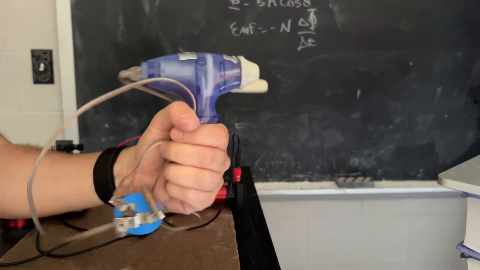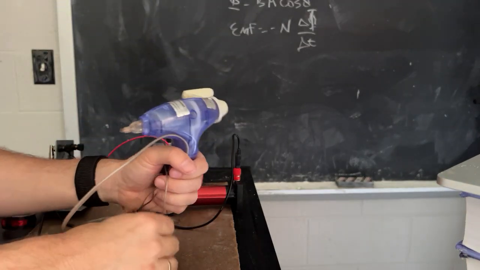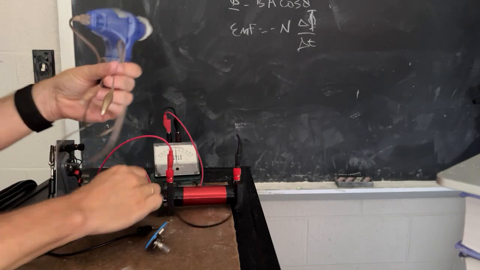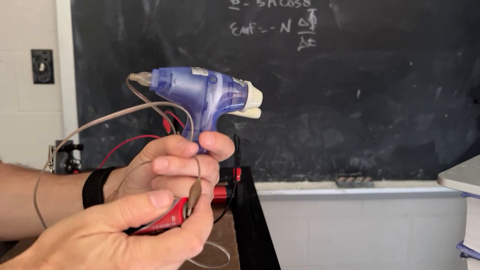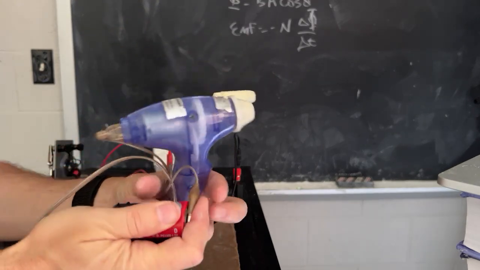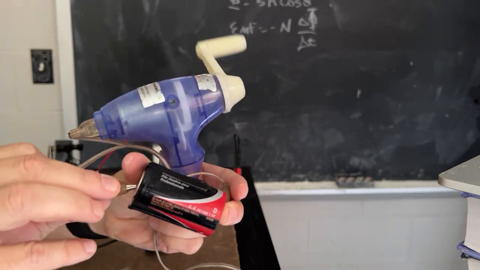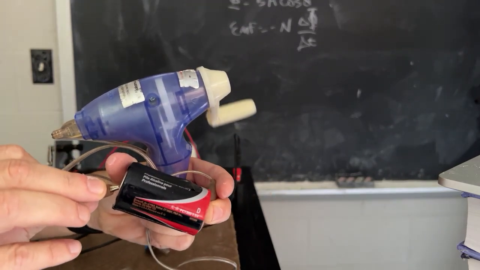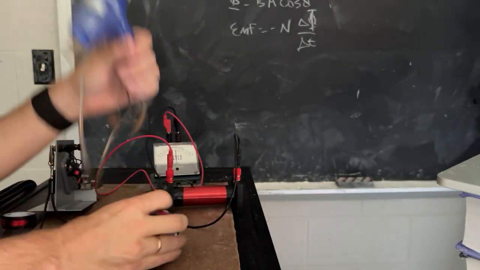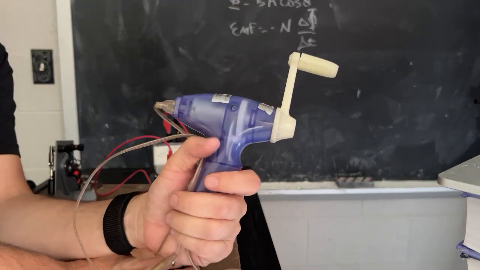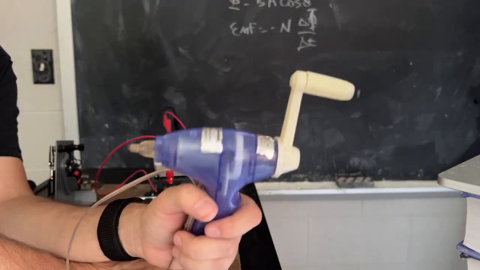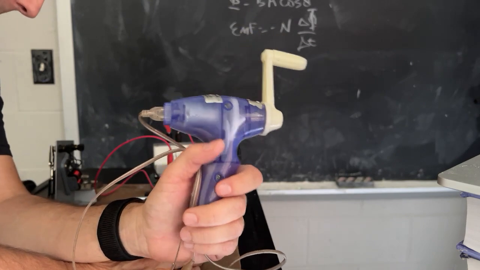But this is just a motor, and if I take a battery and connect it, I'm just going to hold it there and connect this. So you can see that a generator and an electric motor can be the same thing. They're not always the same thing, but they can indeed be the same thing.